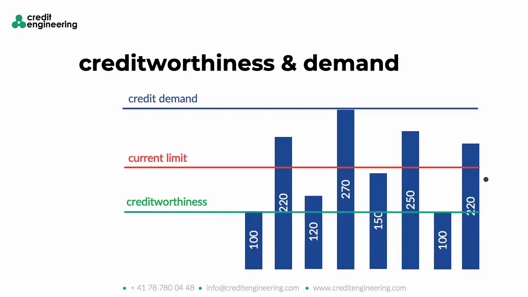If you look at these 8 coming months, the forecast of receivables, we see that already in the second month, which is here, we will have our credit limit insufficient to cover the needs of the business.